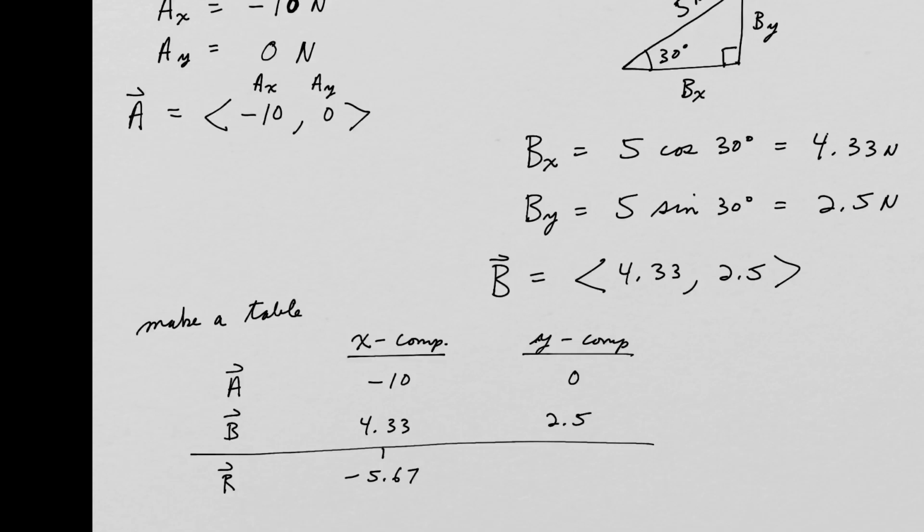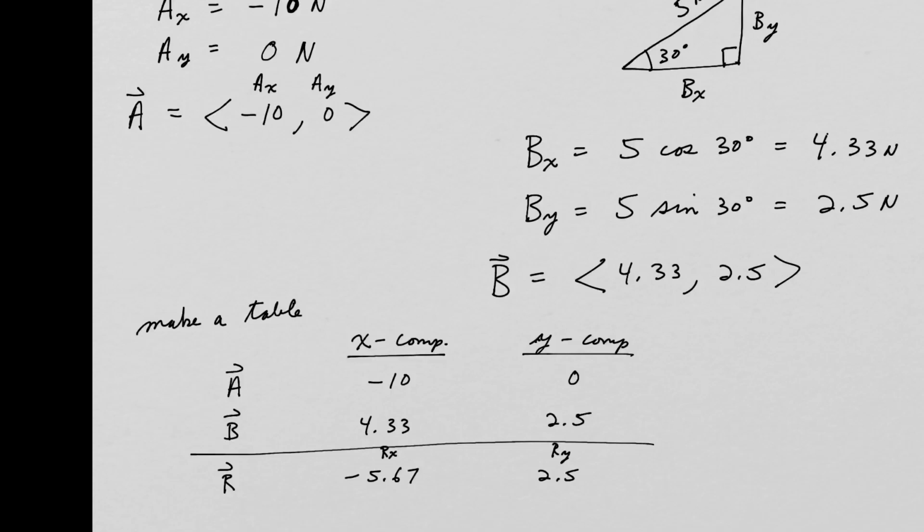So this is like my Rx, my resultant x. And then 0 plus 2.5 is obviously 2.5. This is like my Ry. Okay, so now I have my resultant vector components, right? I know Rx, I know Ry.